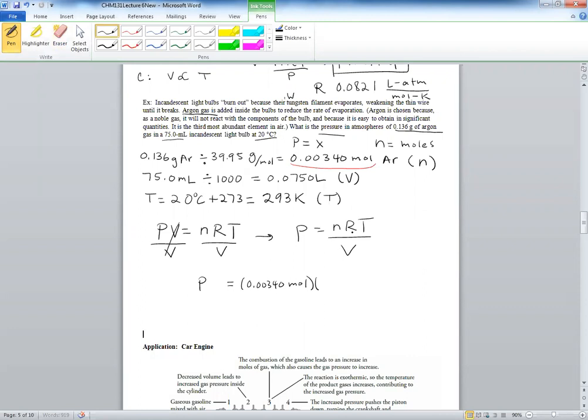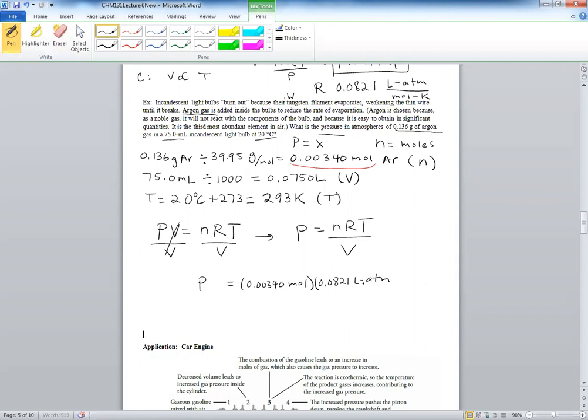The R value is right here on the top, 0.0821. Sometimes it's written 0.0805 or 06, but we'll just do that one.